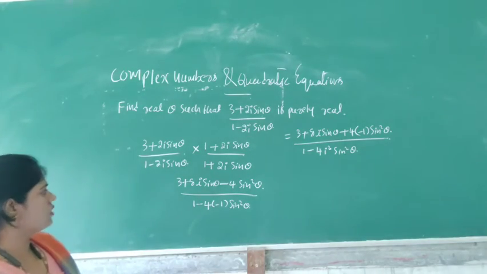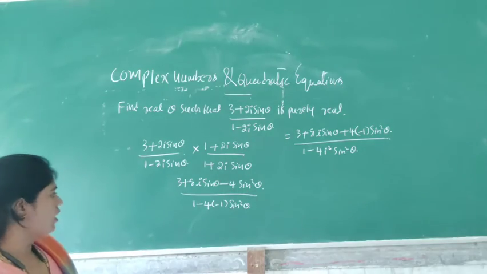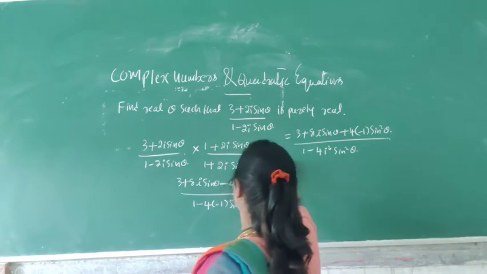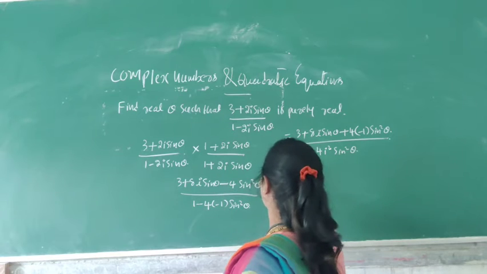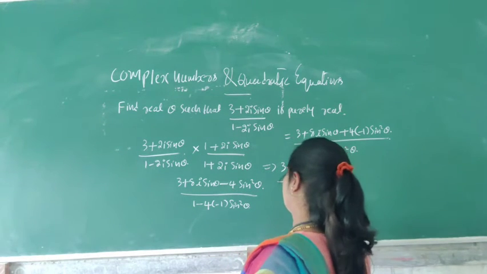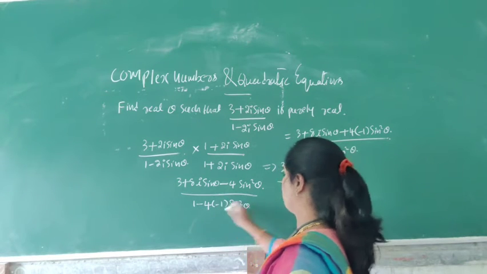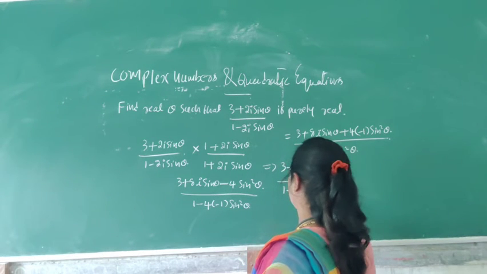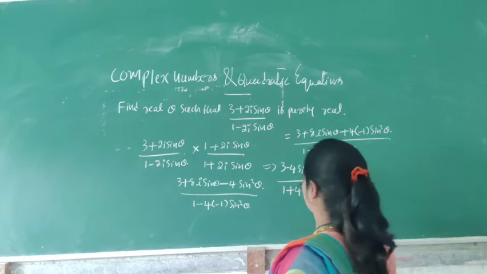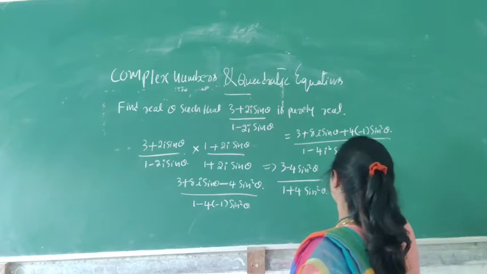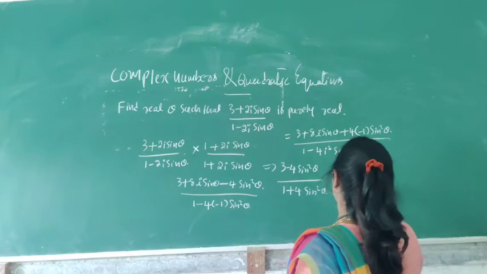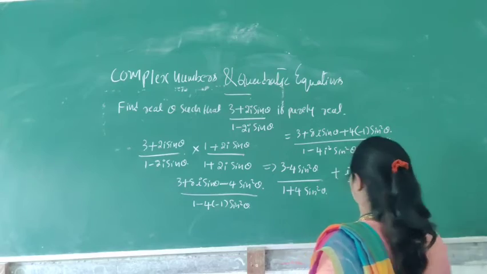So 3 minus 4 sin square theta divided by 1 plus 4 sin square theta, plus i of 8 sin theta divided by 1 plus 4 sin square theta.